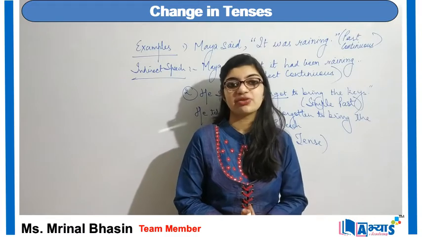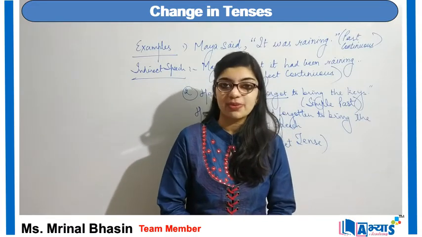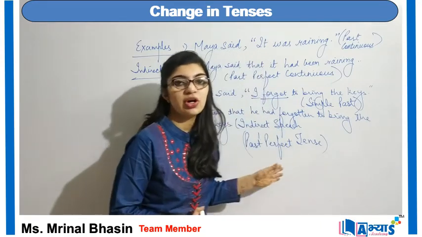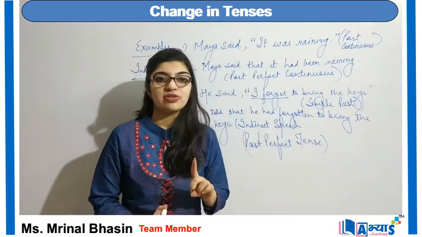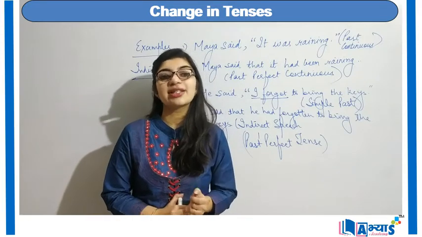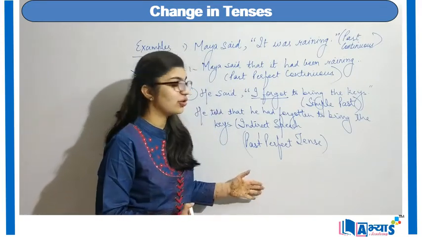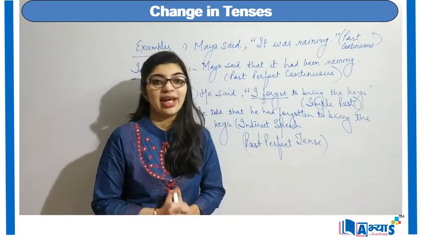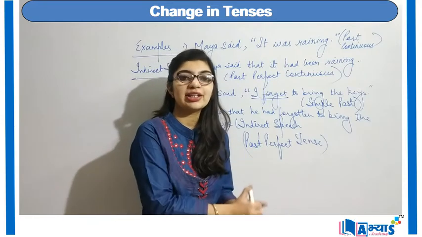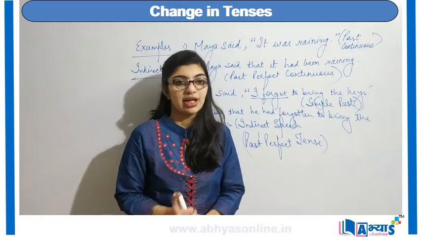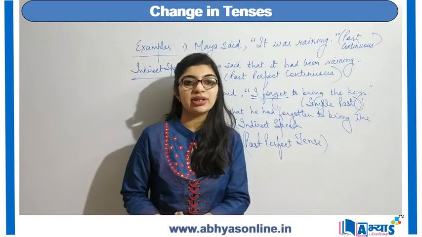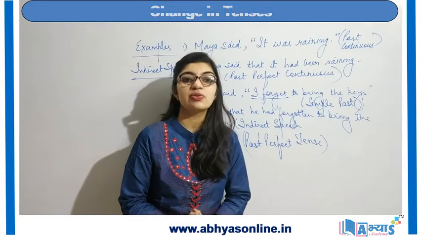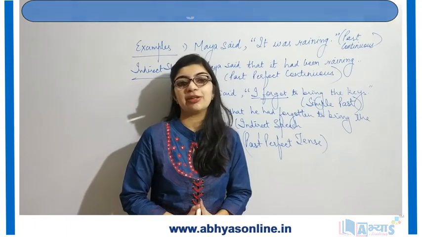For direct speech, we can make use of first person as well as second person, and for indirect speech, we will be making use of third person. And in this video, we specially focused on conversion of tenses in the conversion of direct speech to indirect, right? For conversion of direct speech to indirect speech, we will also need to convert the tenses into the suitable form in order to make a meaningful sentence.